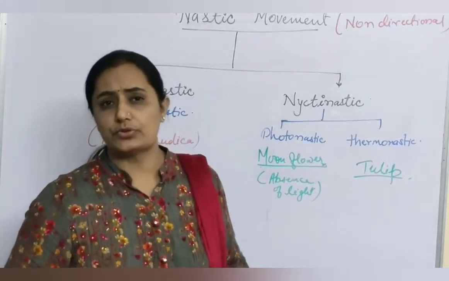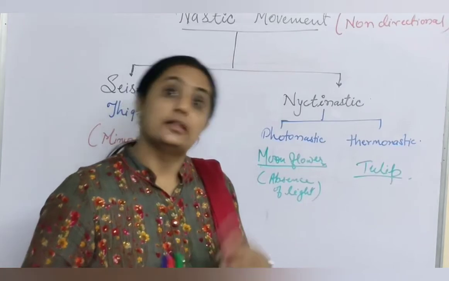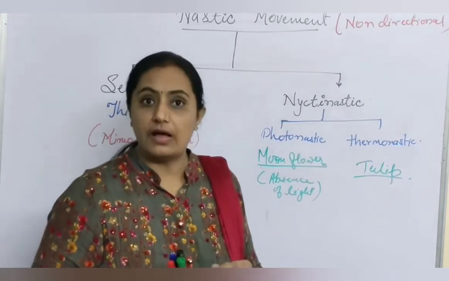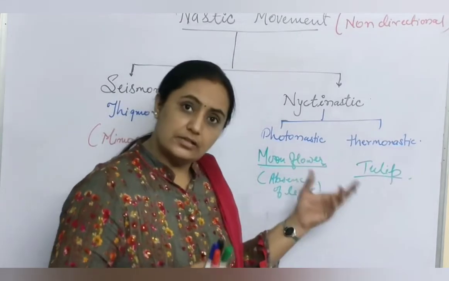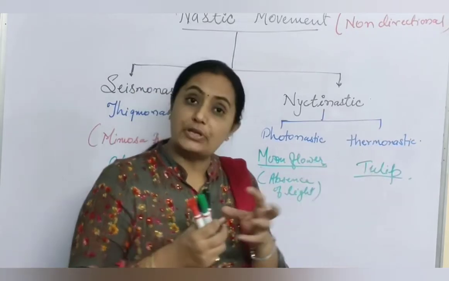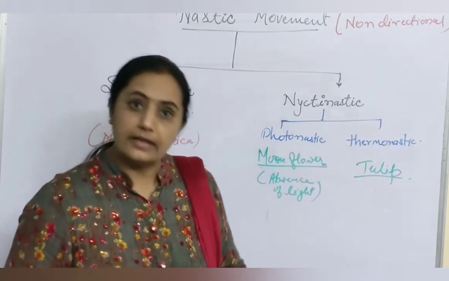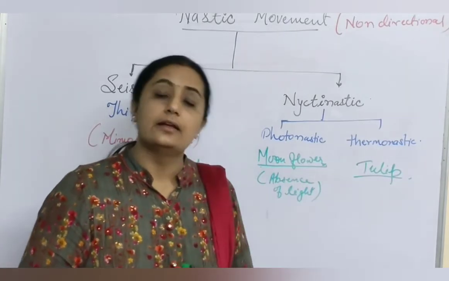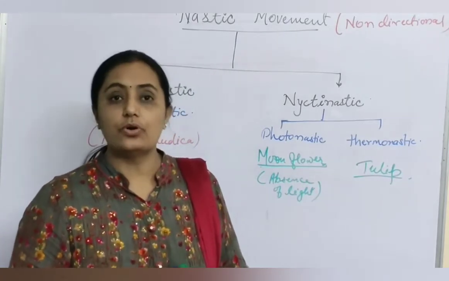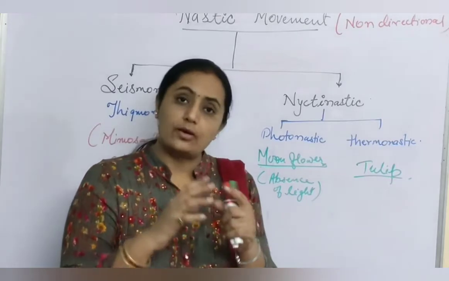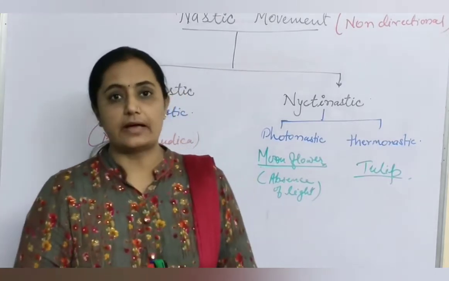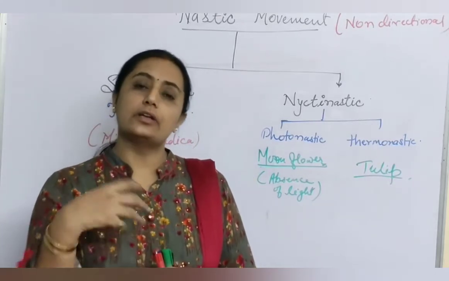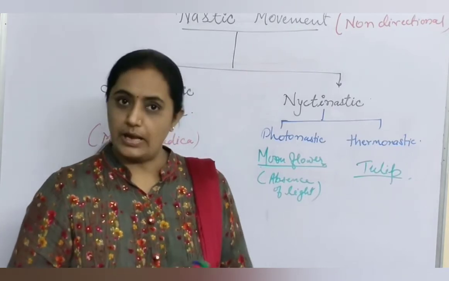Jasmine, commonest, in summer season, they grow like anything and give flowering. Tulip is also related with temperature, very specific for temperature. Such plants are called thermonastic. Here they are sensitive and show movement by opening or closing the flower in presence of light or in presence of high or low temperature.